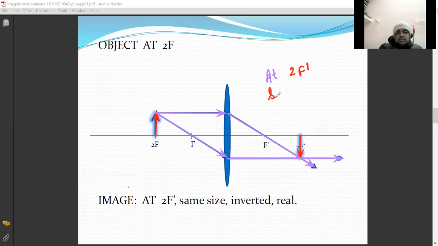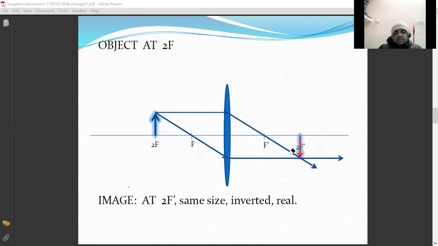Second, size: same size. Third, whether it is real or virtual, it is real, and it is inverted. So these are the characteristics of the image formed: at 2F1, same size, real and inverted. We'll go for the next condition of image formation. I hope till now it is clear to you.